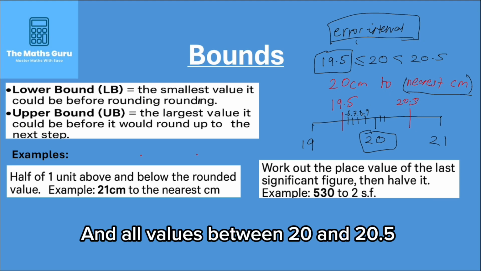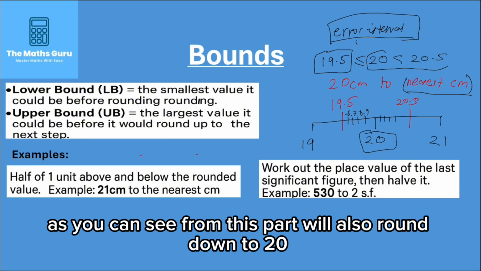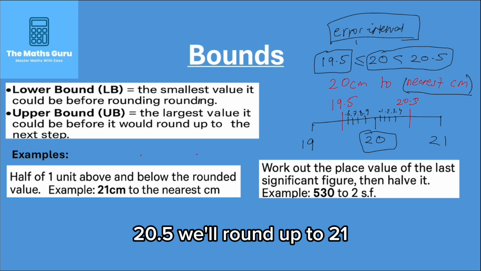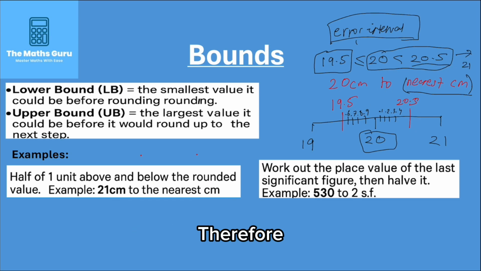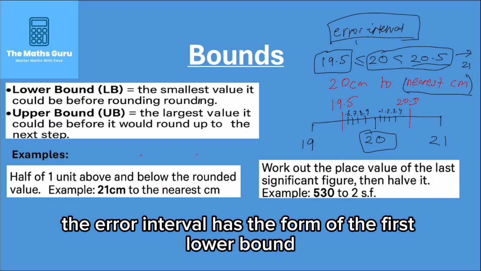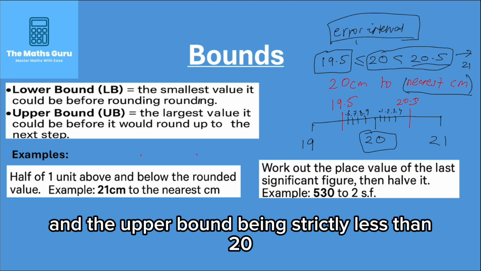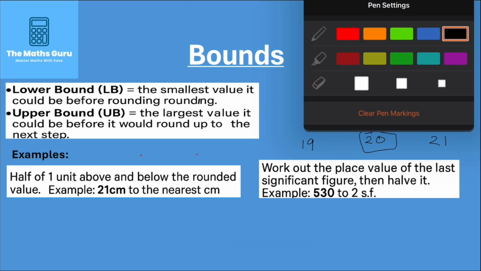And all values between 20 and 20.5, as you can see from this part, will also round down to 20. So 20.1, 20.2, 20.3, 20.4. However, 20.5 will round up to 21. Therefore, the error interval has the form of the lower bound being less than or equal to the 20 and the upper bound being strictly less than the next value.